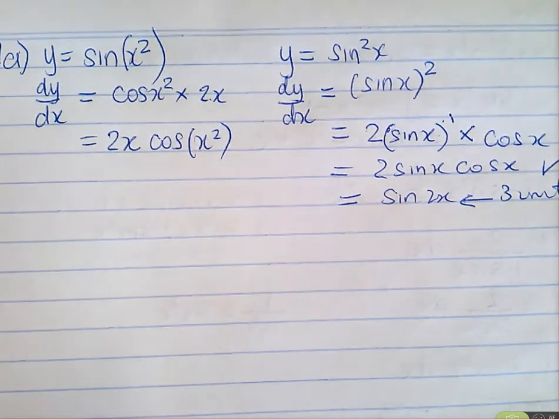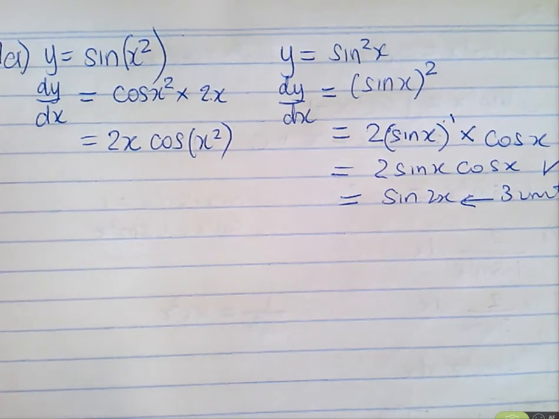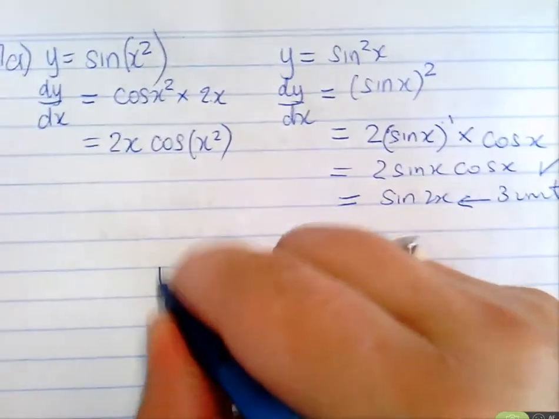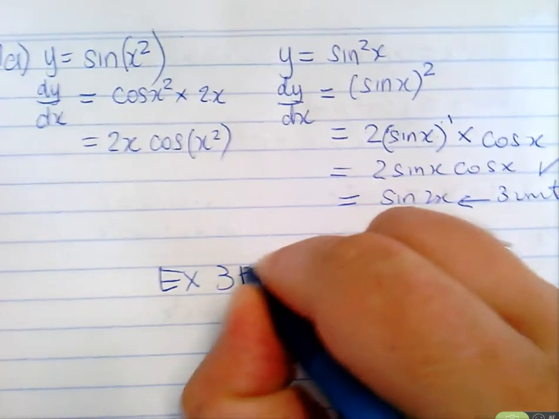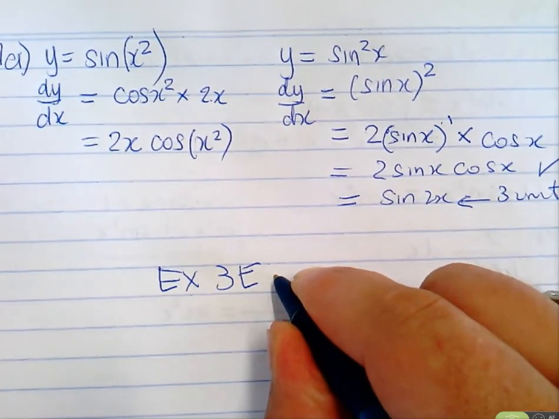Now, I'll just give you a couple of questions from these. Just a couple. I think I already outlined which questions. I'm going to give you a couple from those few exercises. Differentiating and integrating. So, here we go. Exercise 3E. I've given you a couple already.